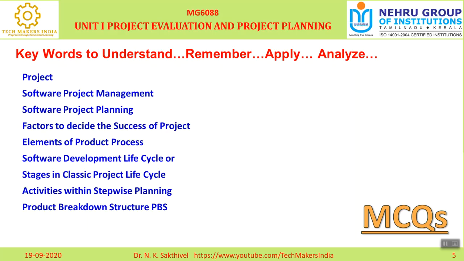Simply speaking, the product breakdown structure focuses on the product, whereas the work breakdown structure focuses on the required project details, everything. So please understand, the work breakdown structure focuses on entire details along with the product details.